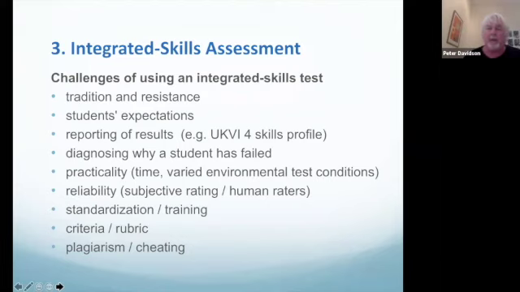In the UK, to get a visa, for some bizarre reason, students need to demonstrate a four skills profile that demonstrates that they have a reading score, a writing score, a listening score, and a speaking score. So all the English university pre-sessional courses must give 4 scores.